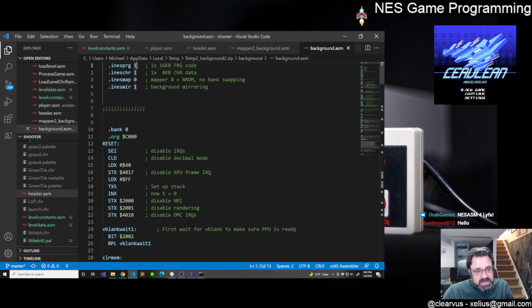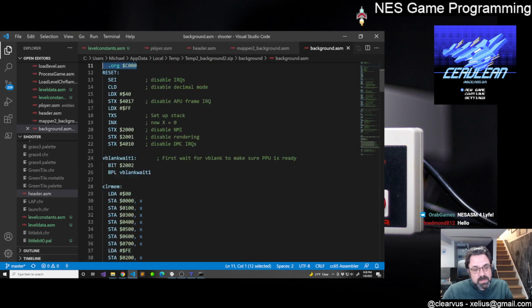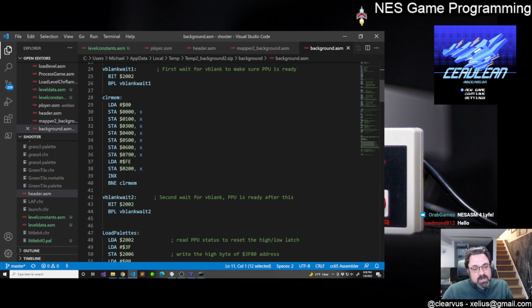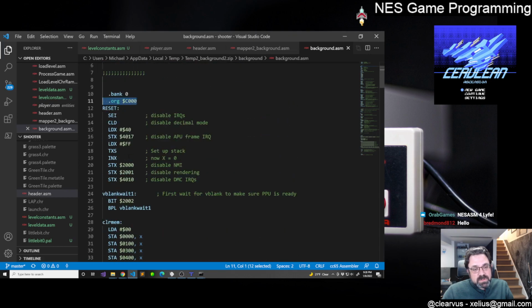Doesn't understand what the bank sizes are at all. It deals with all its code in 8K chunks. So when you're writing your code and you write bank 0, this is an 8K chunk. So if you're saying this is an 8K chunk starting at C000, then it will go from C000 to DFFF.